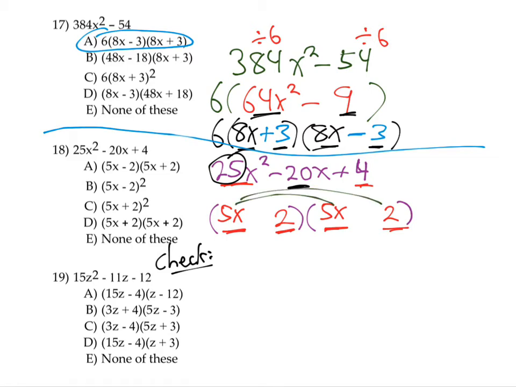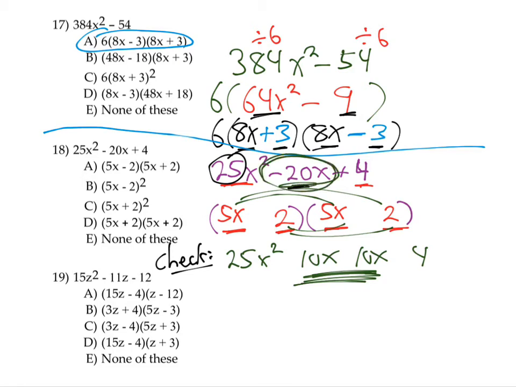No signs yet. No signs. 25x times 5x. 25x squared. 5x times 2 is 10x. And then the 2 go to both. 10x and 4. Do you see how I'm checking it? Right? I'm taking the first to both, second to both. So that's how I got those 4 terms. And now I ask myself, okay, how can the middle 2 here make the middle here?